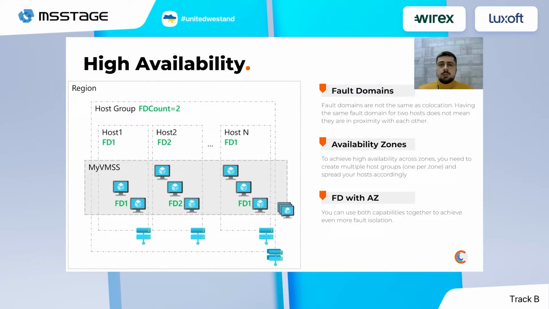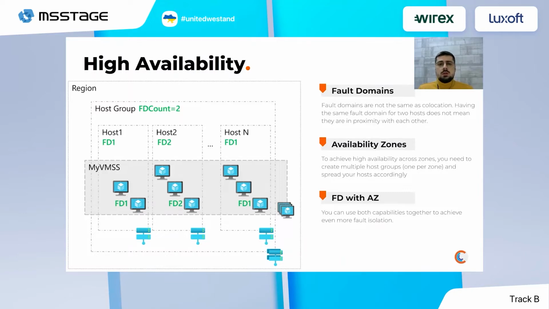The high availability concept requires you to deploy multiple VMs spread across multiple hosts, with a minimum of two dedicated hosts. With Azure Dedicated Host, you have several options to shape your fault isolation boundaries.